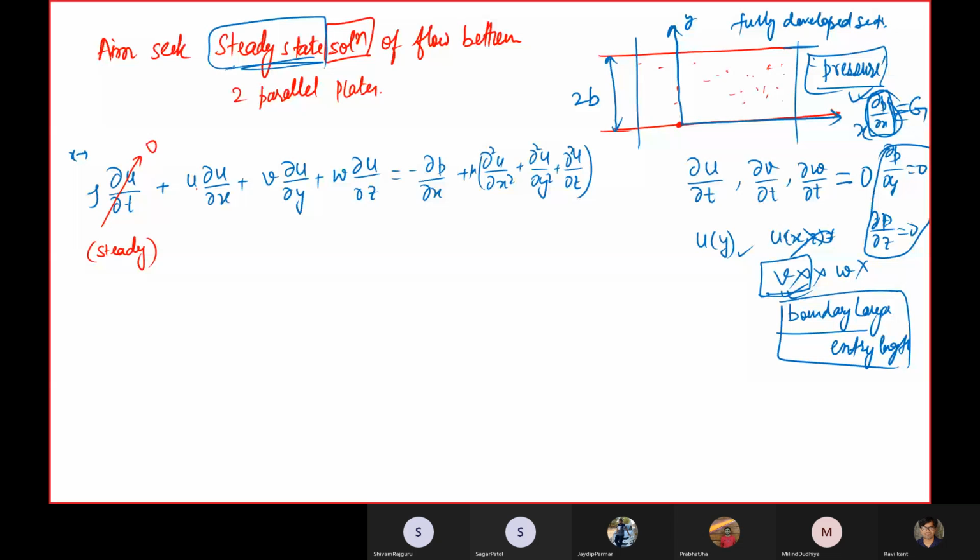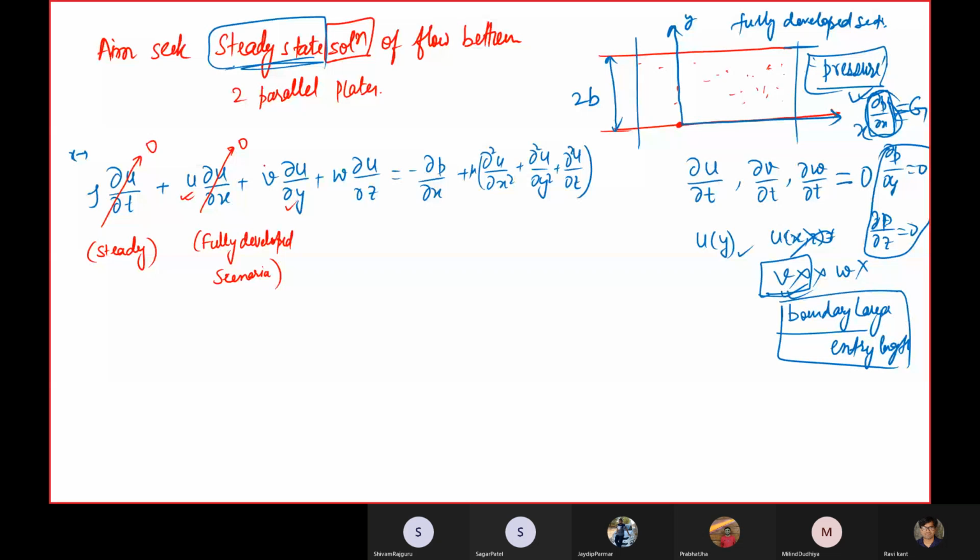Why? Because of the fully developed scenario. So your x velocity is not changing when you traverse in x direction. Okay, what about v dou u by dou y? Dou u by dou y will be there, but here v velocity will not be there. Why?